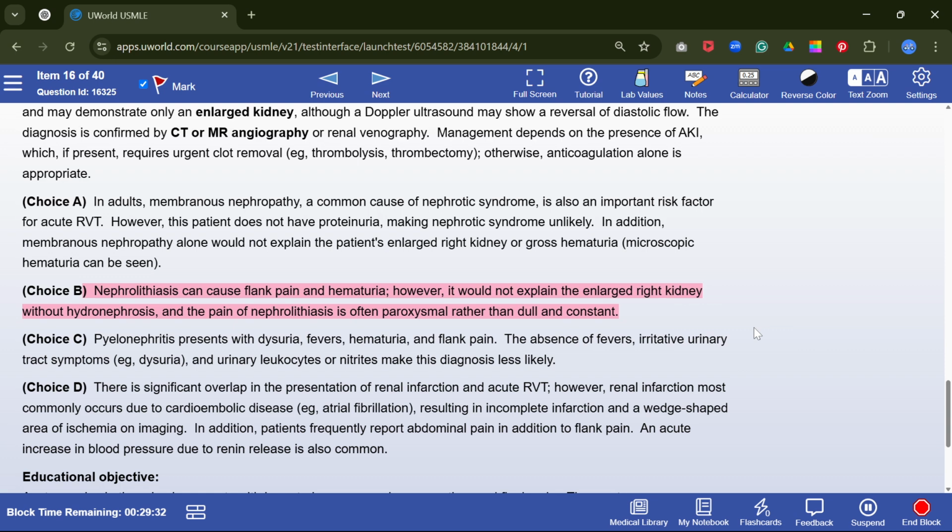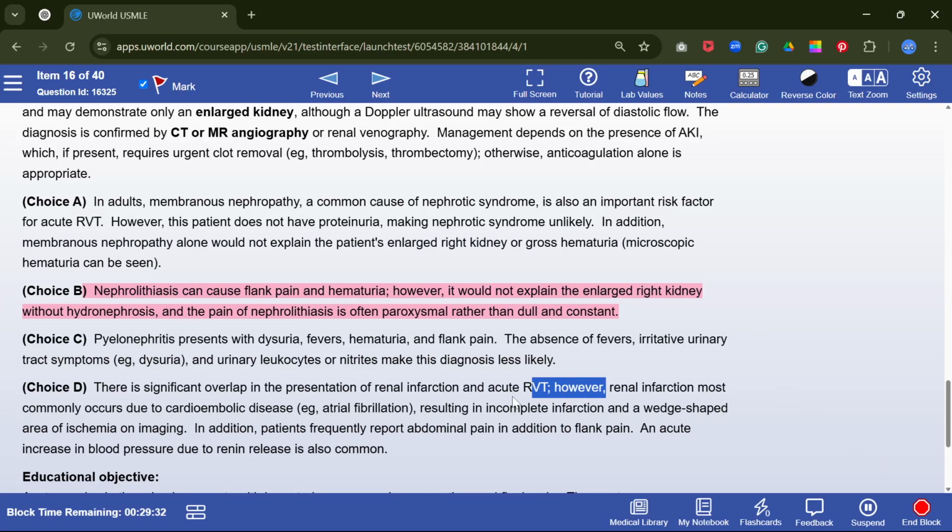And there is significant overlap in the presentation of renal infarction and acute RVT.